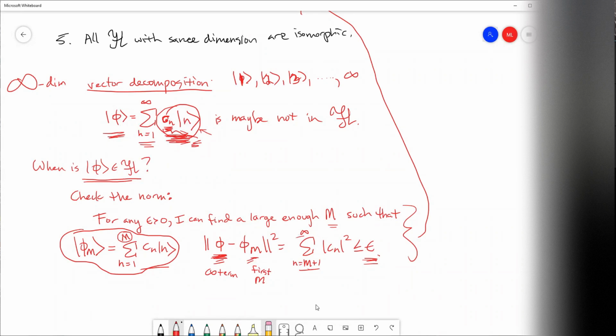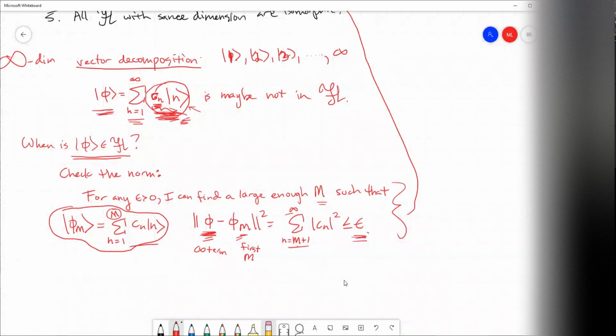And as long as we can bound the finite sums in this way, then these phi m's form a Cauchy sequence, and then the limiting vector phi must be in the Hilbert space, kind of by the assumption that it's a Hilbert space.